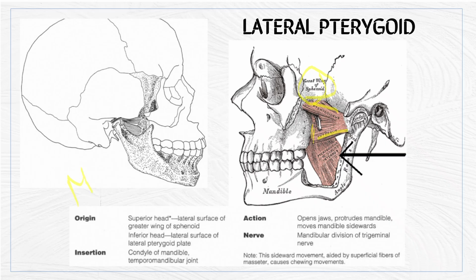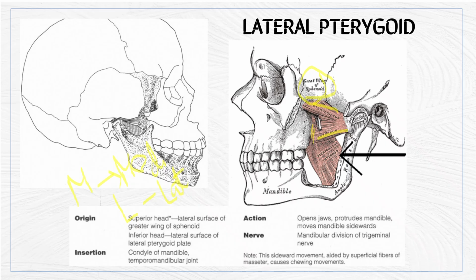Medial pterygoid muscle arises from the medial surface of lateral pterygoid plate, and the inferior head of lateral pterygoid from the lateral surface of lateral pterygoid plate.